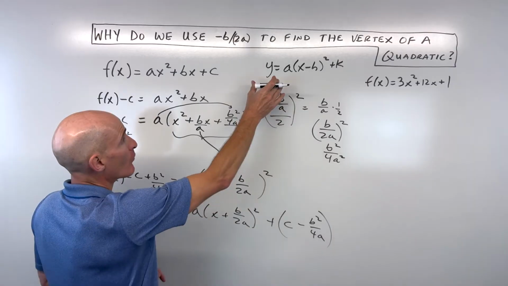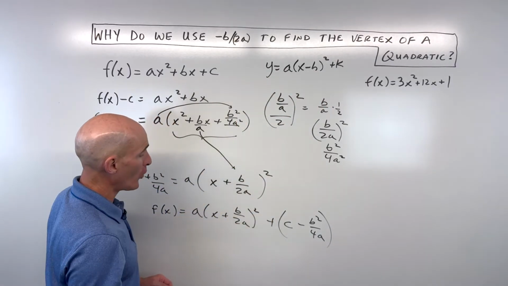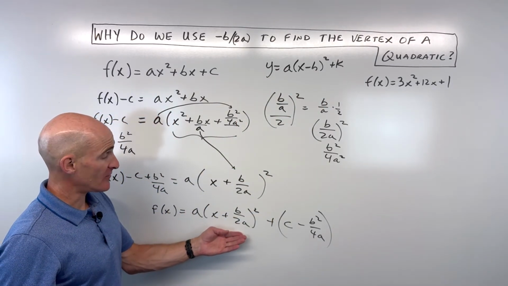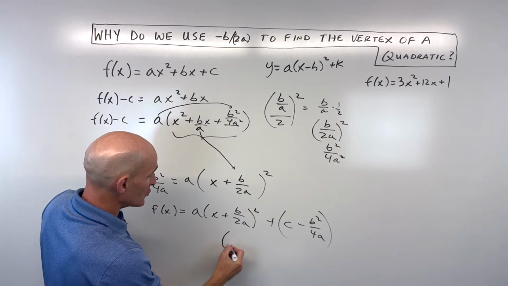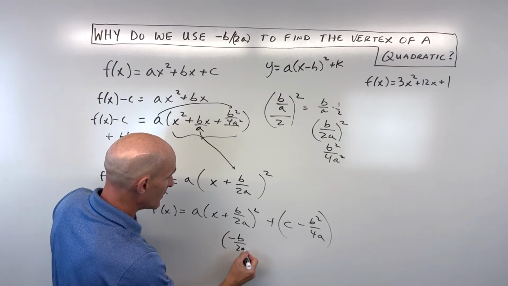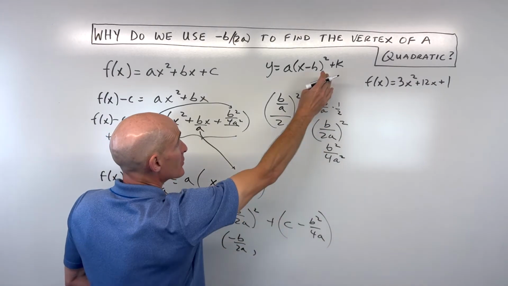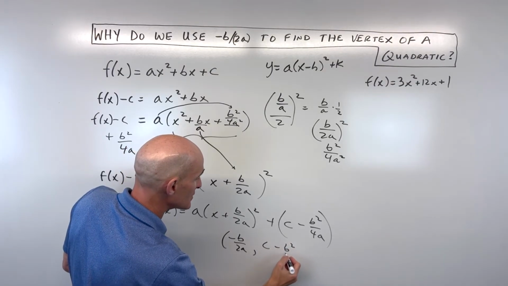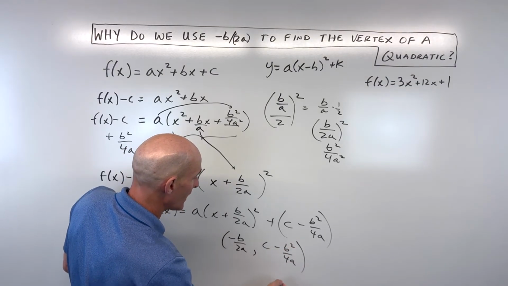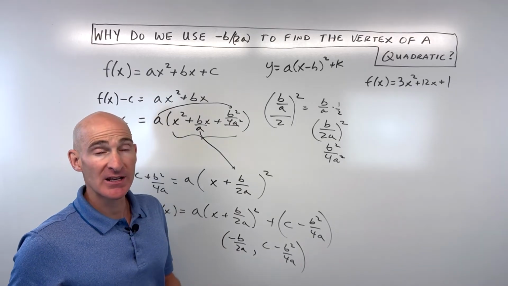Now it more closely resembles this vertex form, where the vertex of our parabola is going to be at the opposite of b over 2a, so negative b over 2a, comma, this is our k value, the y-coordinate of our vertex, that's c minus b squared over 4a. And that's the vertex of your quadratic.